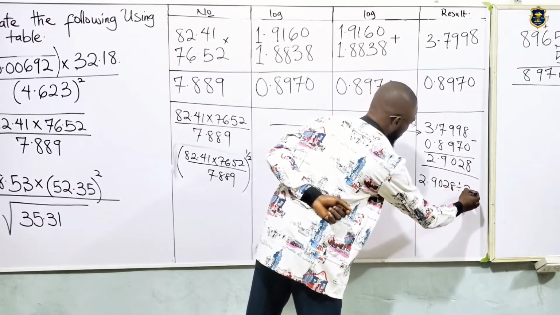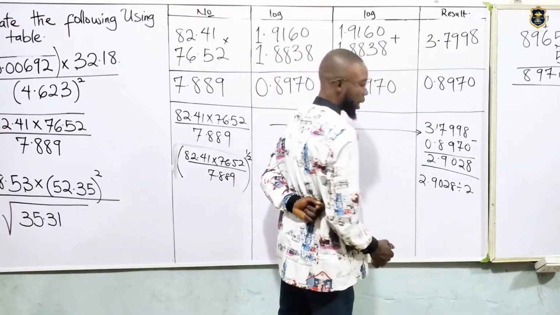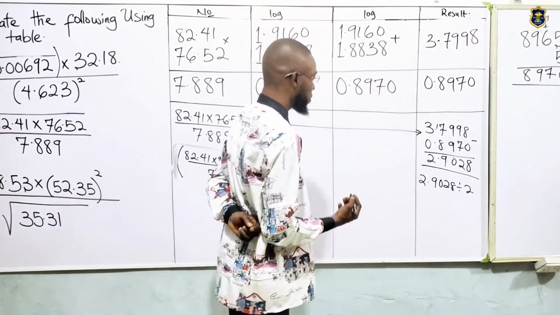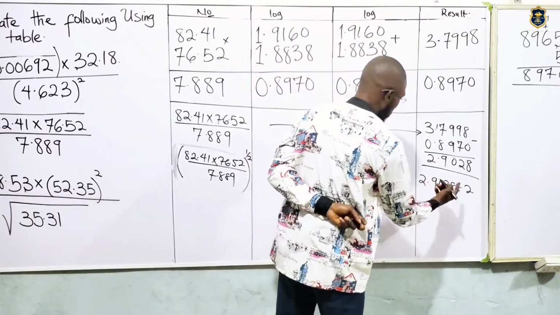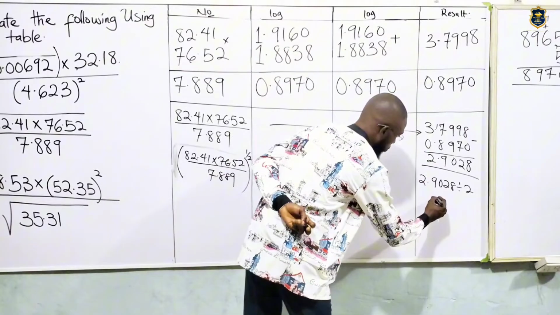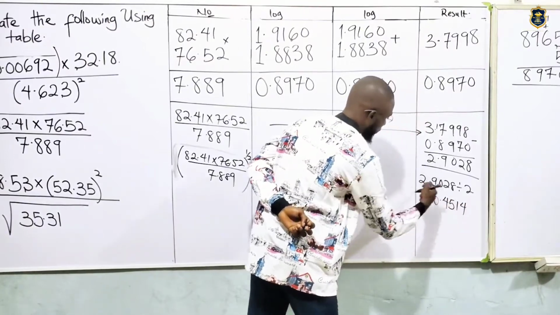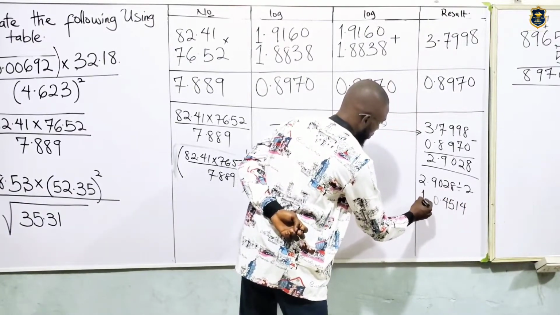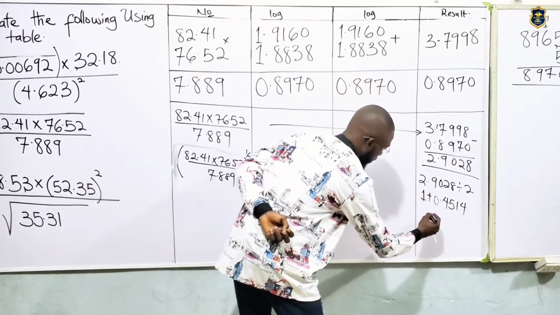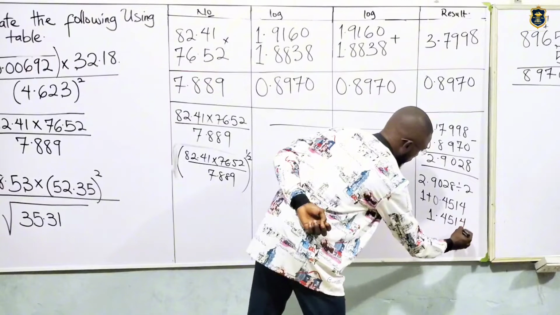2.9028 divided by 2. So let's divide all of this first. So 9028 divided by 2. What will we get? If you use 9028 divided by 2, will give us what? We will get 0.4514, right? And if you divide this, it's just simply 1. So 1 plus 0 there is just 1.4514.